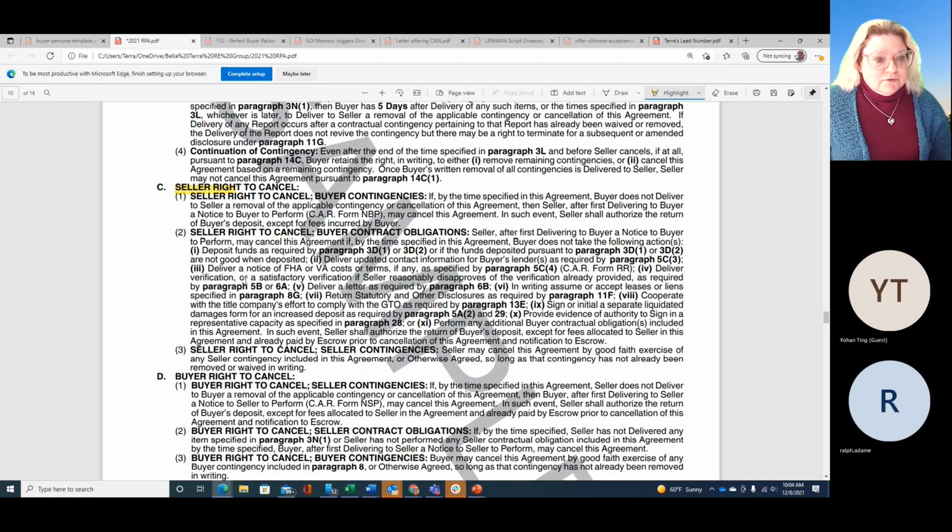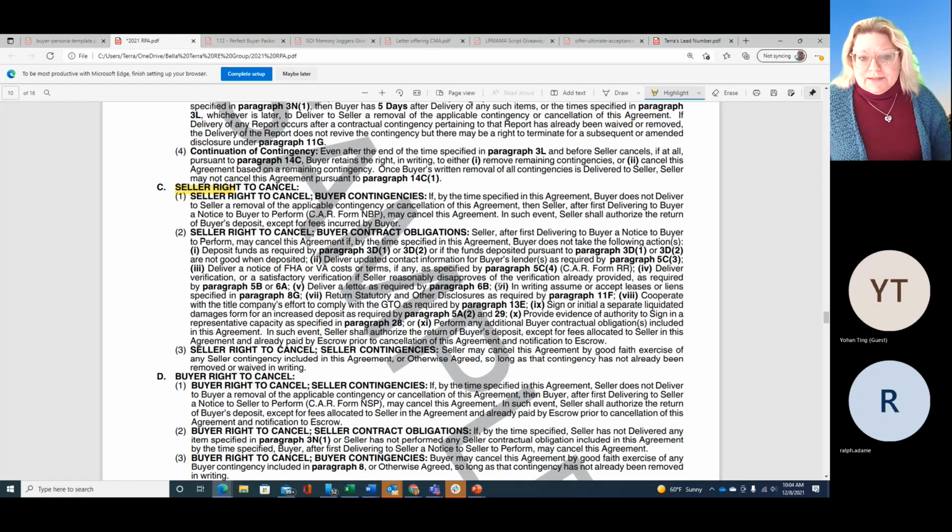Number 4, deliver verification or a satisfactory verification if seller reasonably disapproves of the verification already provided as required by paragraph 5B or 6A. That's talking about the loan approval. If the seller, for some reason, thinks that it's a shady loan or whatever, the buyer is now contractually obligated to prove to them that this is really a viable loan that they're getting.